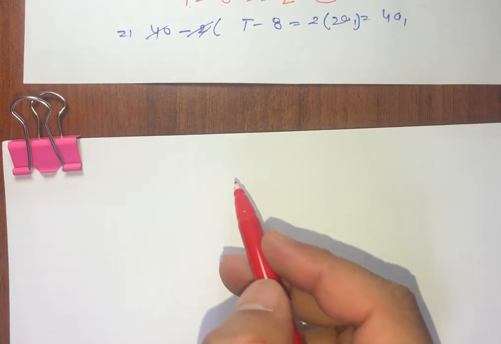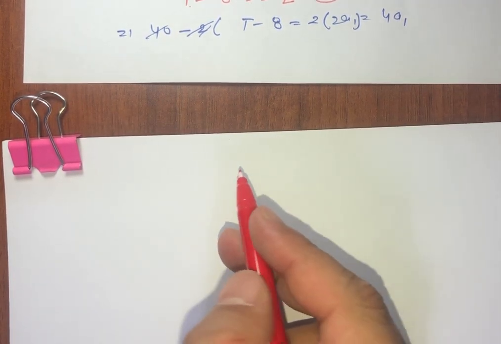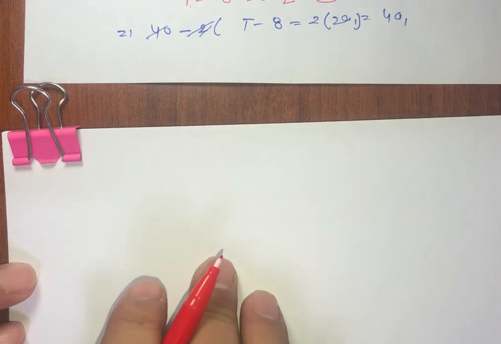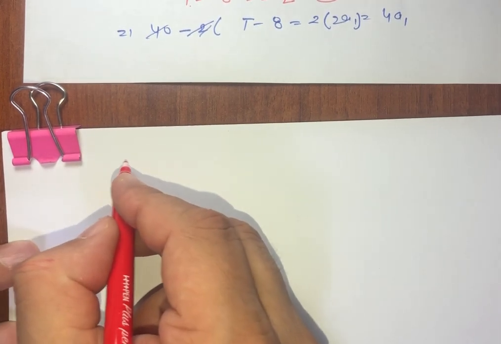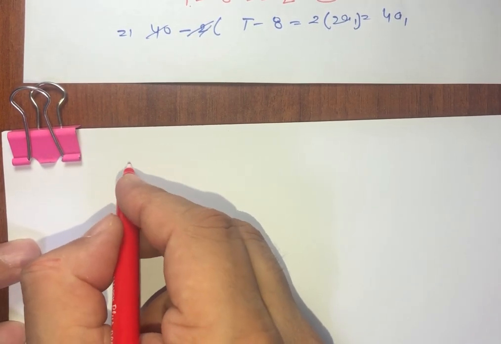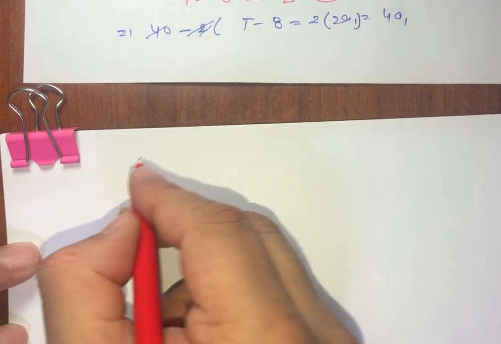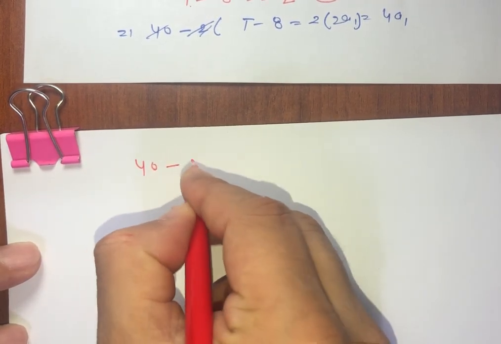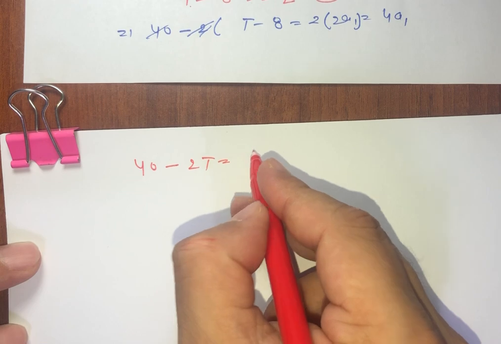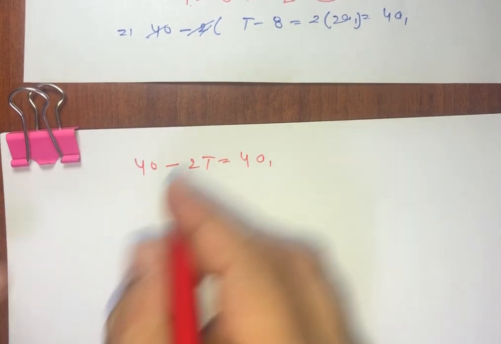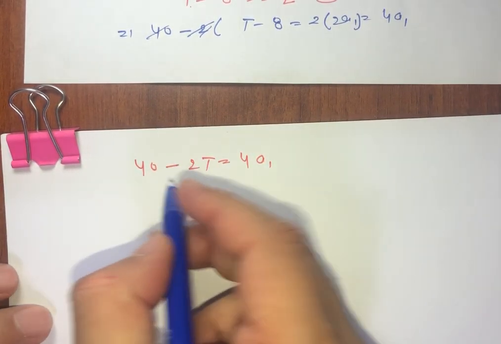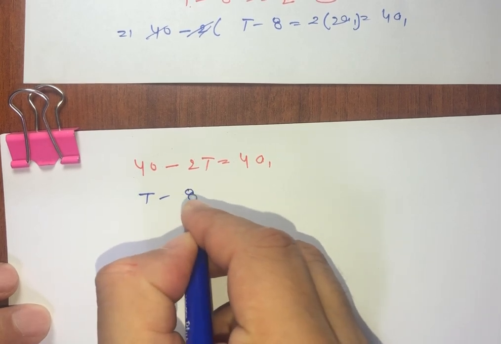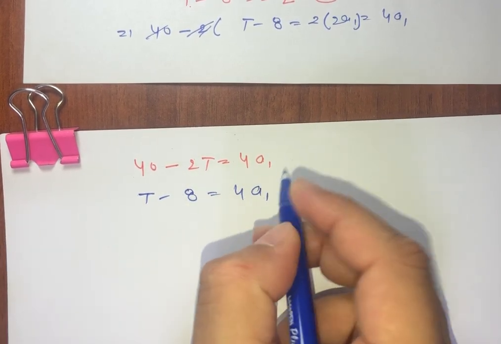We can say that 40 minus 2T is equal to 4a1, and we have T minus 8 is also equal to 4a1.